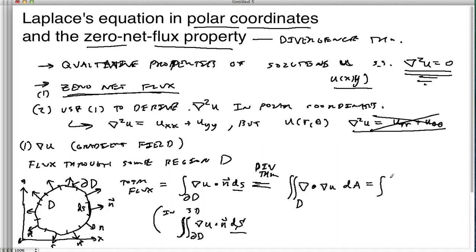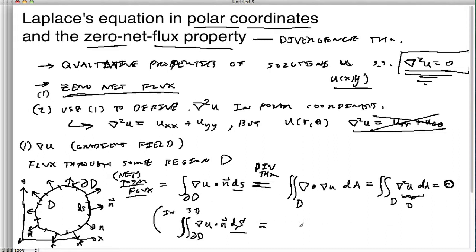And we know that is precisely the Laplacian, which is 0 because we're defining it as such. U is a solution to the Laplace equation. So that means it's 0, and that means the total flux, or the net flux, over the boundary is always going to be 0.